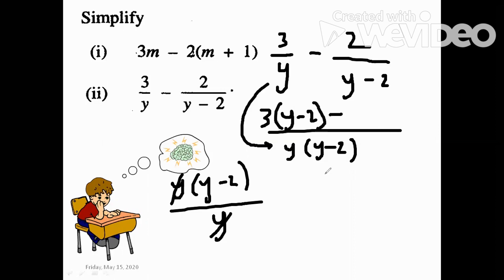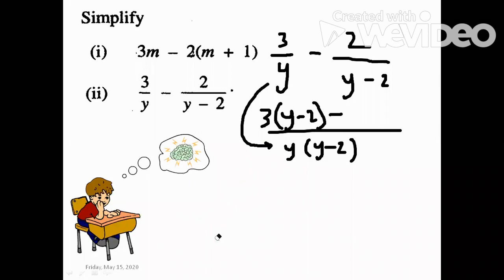What about the minus sign? Then we're going to say y subtract 2 into y times y minus 2. So essentially what we're saying is y bracket y minus 2, divided by y minus 2.